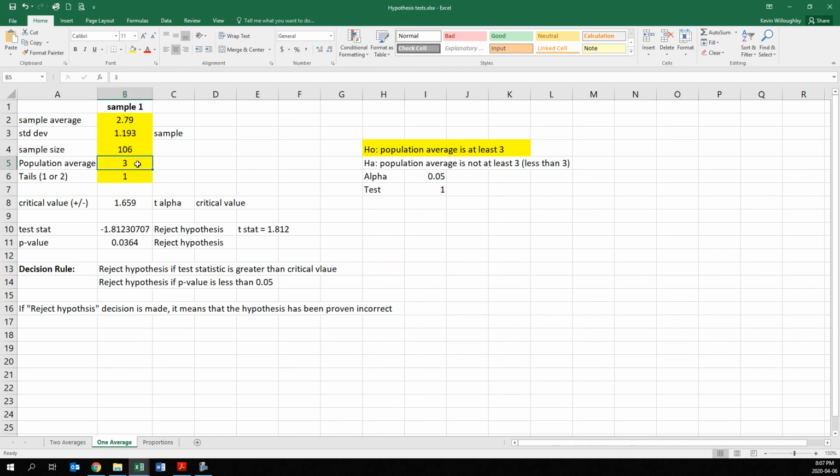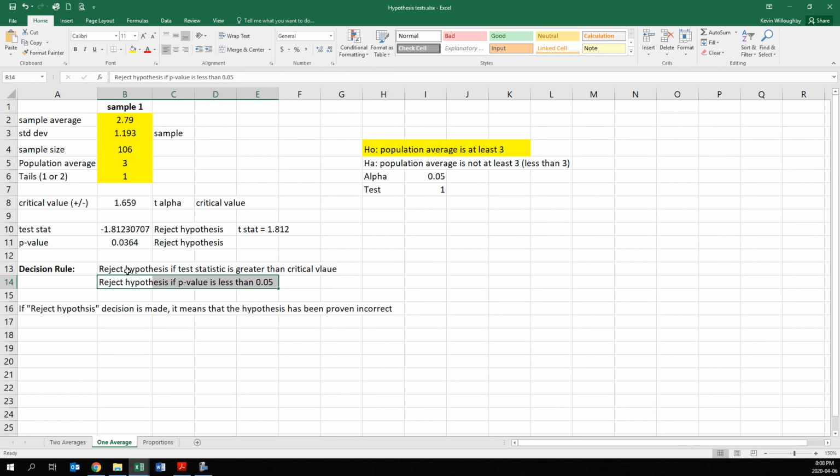So the client or research that shows that the population average is at least 3 is clearly wrong in this case. You can also cite the p-value, which is based on this calculated value of 1.812 and equals 0.0364. Our decision rule there is to reject if the p-value is less than alpha. It clearly is, so we would reject it.